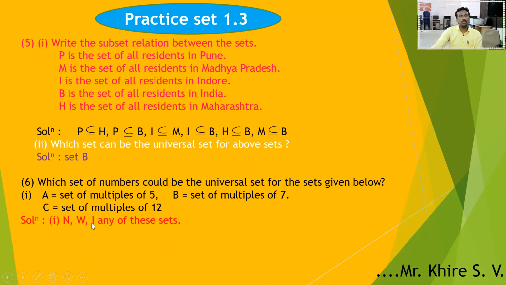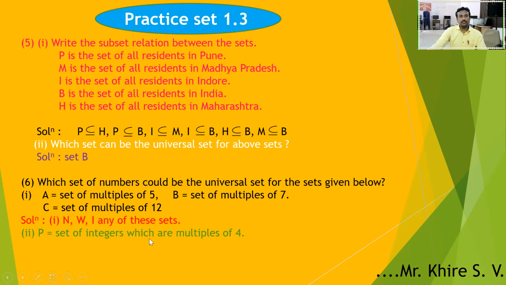Natural numbers, whole numbers and integers means N, W and I. All these sets contain all the elements of sets A, B and C. Means A, B and C are subsets of N, W and I. Therefore, these are the universal sets for all the above sets A, B, C.